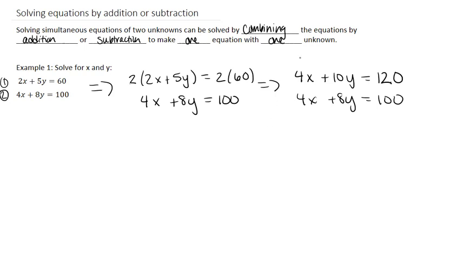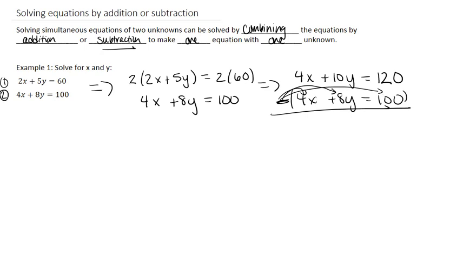Now our next step will be to either do addition or subtraction. But we want to use subtraction because if we go 4x minus 4x, we get 0. So we need to subtract this whole thing. So that means we're taking this minus sign and we're going to distribute it to each one. So all these essentially will become negative.